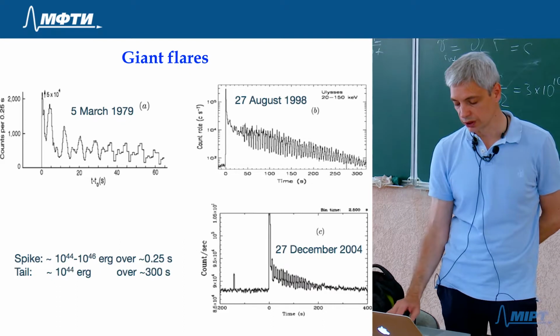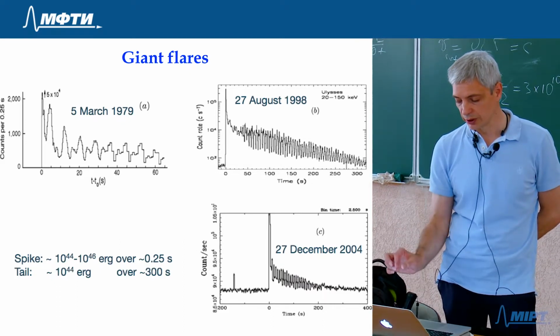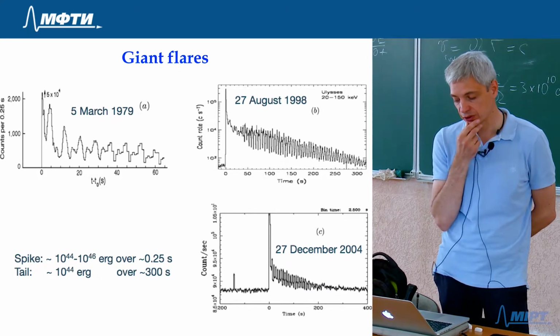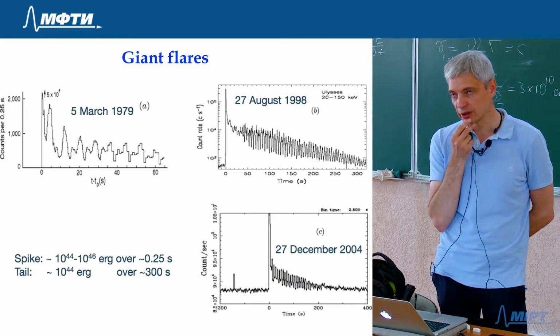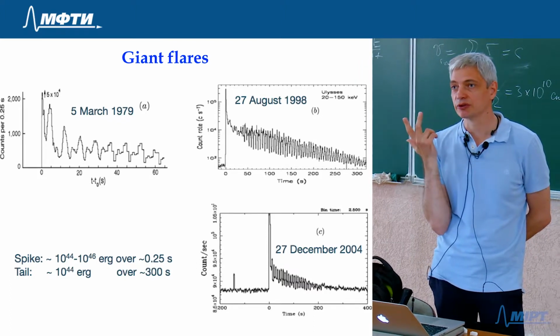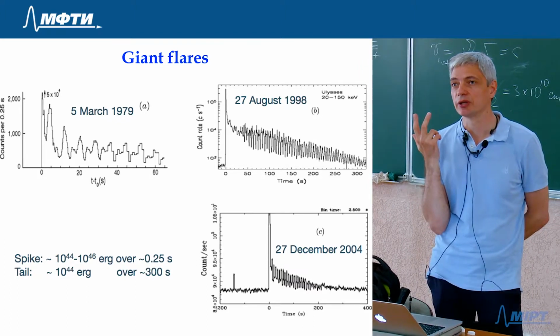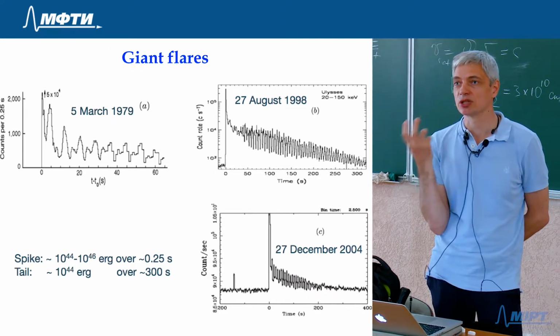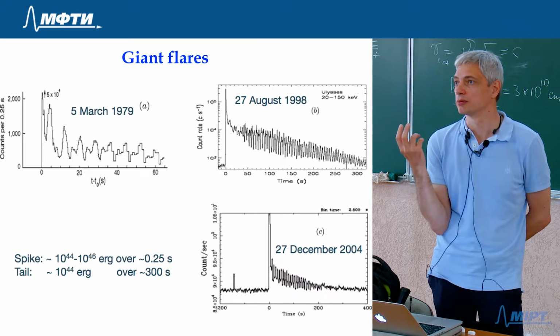December 2004 was actually even brighter, the initial peak. But the tail seems to be the same. One puzzling feature of the giant flares is that this tail that lasts 6 minutes is always the same. It lasts 6 minutes. It has about the same luminosity. The total energy radiated in this tail is 10 to the 44 ergs. It's like a machine that does the same always.